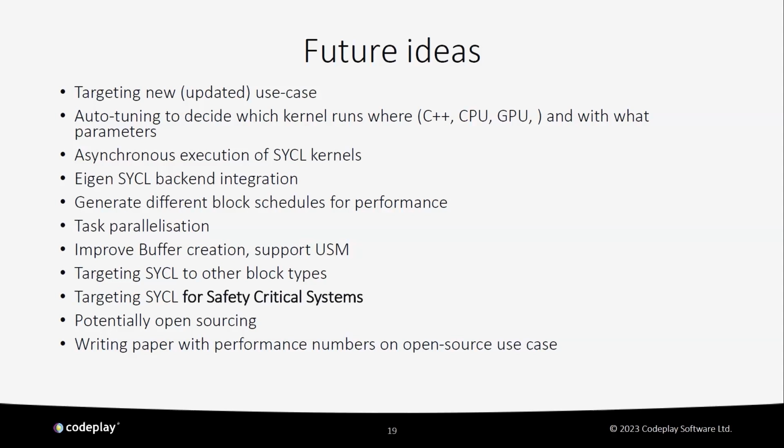Right now the buffer creation is fairly naive: most of the buffers are created at the time when the subsystem is evaluated, so it could be done earlier. Then we could support DSM, which we currently don't, and other block types, then target the whole thing to safety critical.